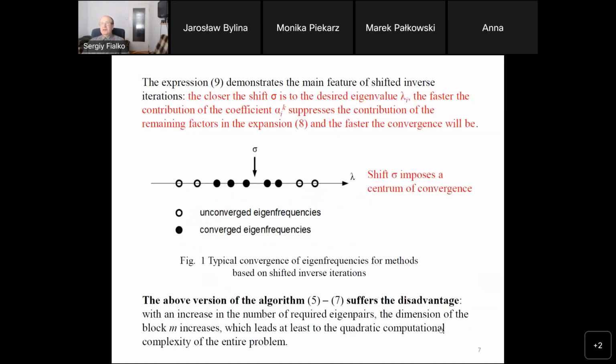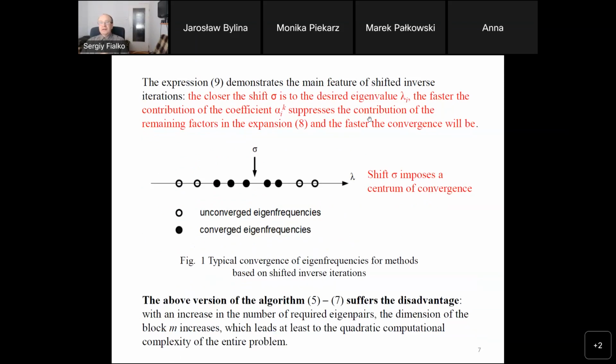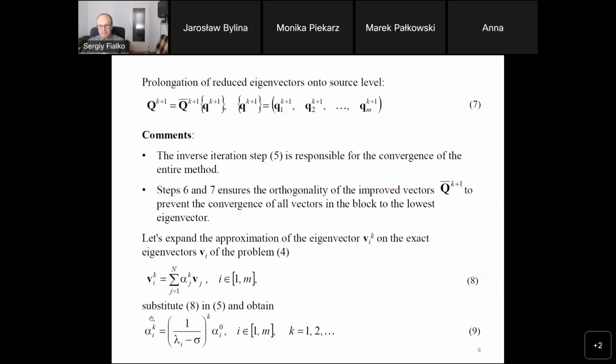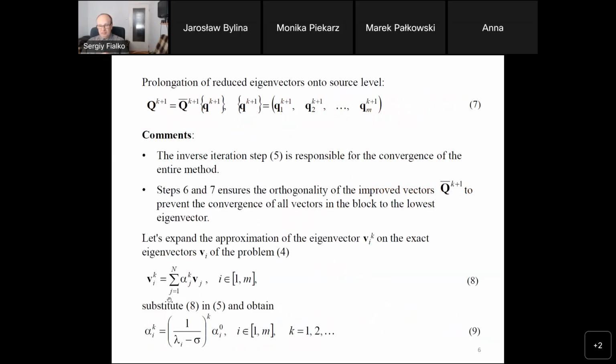This expression demonstrates the main feature of the shifted inverse iteration. The closer the shift sigma is to the given eigenvalue lambda i, the faster the contribution of the coefficients alpha ik suppresses the contribution of the remaining factors in expansion 8.